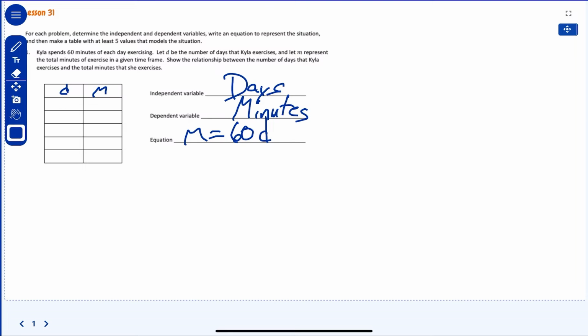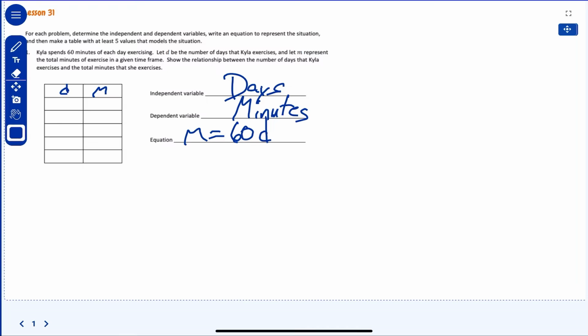Dependent variable is going to depend on the independent variable. You're looking for the answer, which is the dependent variable. Okay? Because you're going to have to do something to the independent variable to get the dependent variable, because it depends on the independent. Okay?